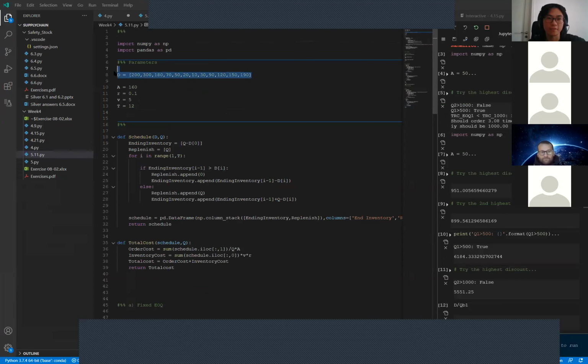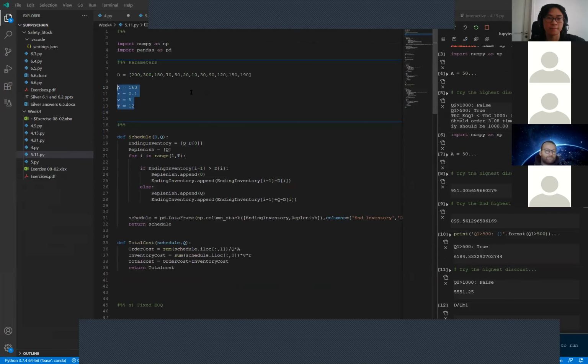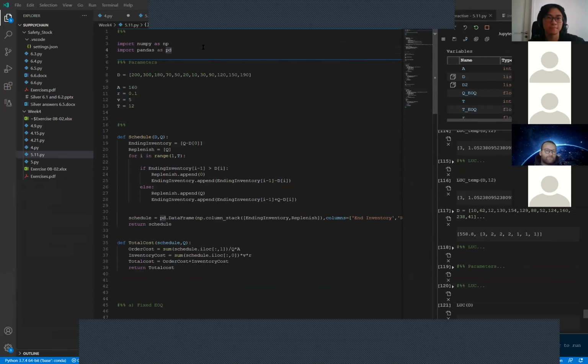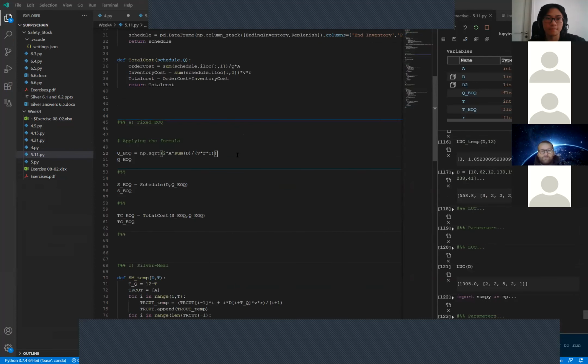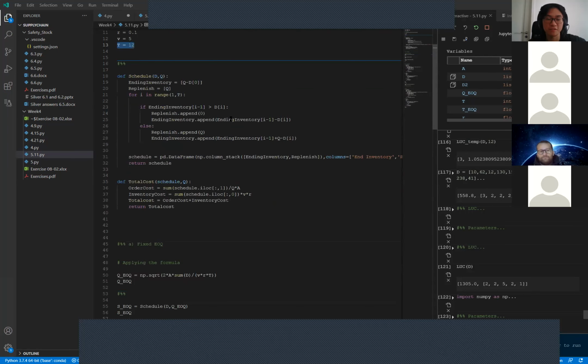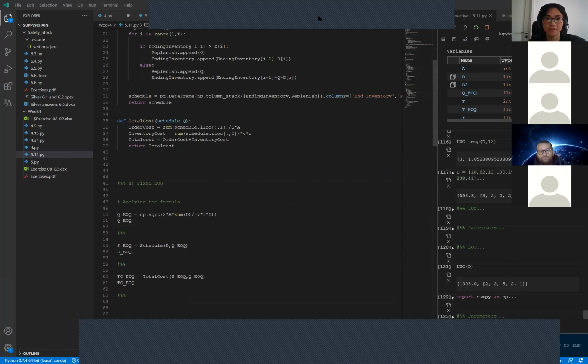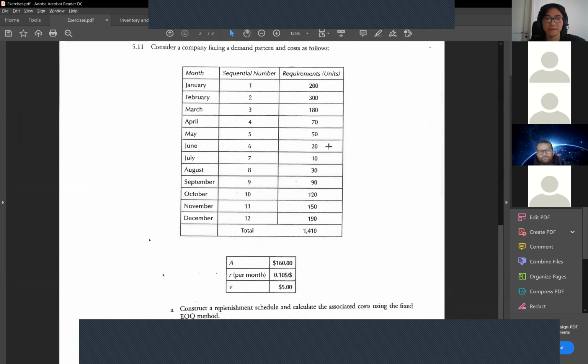So I put the demand in and all of the parameters, and then let me run this. You see I'm using the sum, which is a bit different, but then I multiply the time horizon, which I put as 12 months, because the unit here is month.